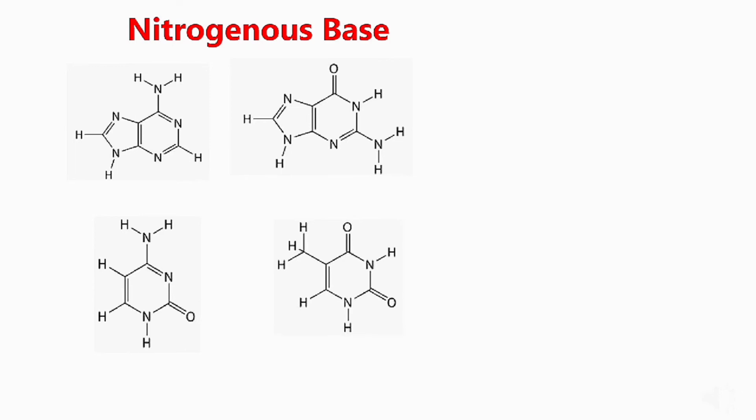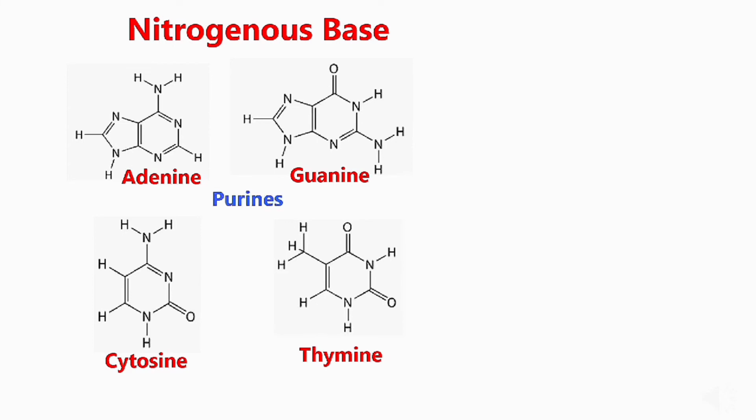There are four types of nitrogenous bases present in DNA: adenine, guanine, cytosine and thymine. Adenine and guanine are double ring nitrogenous bases called purines, while cytosine and thymine are single ring nitrogenous bases called pyrimidines.